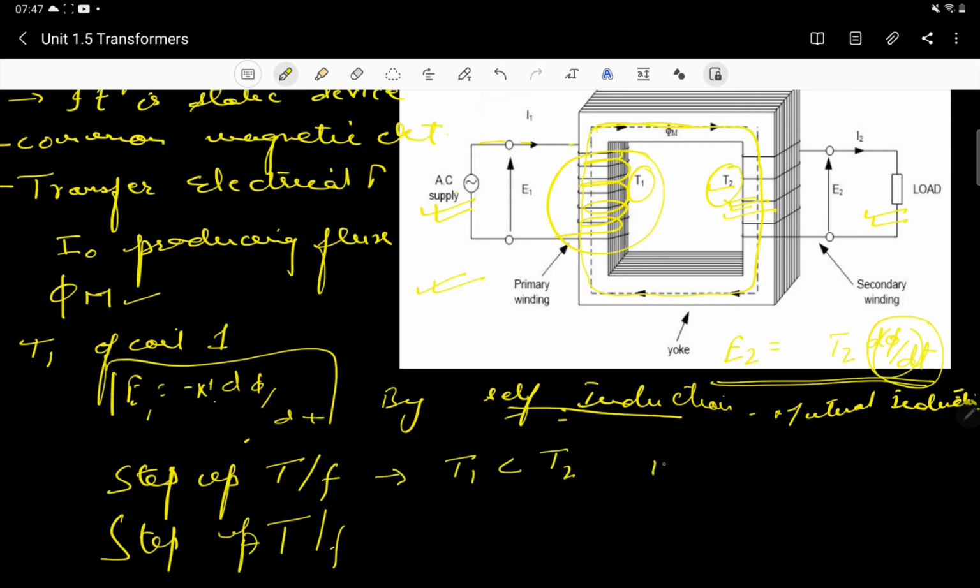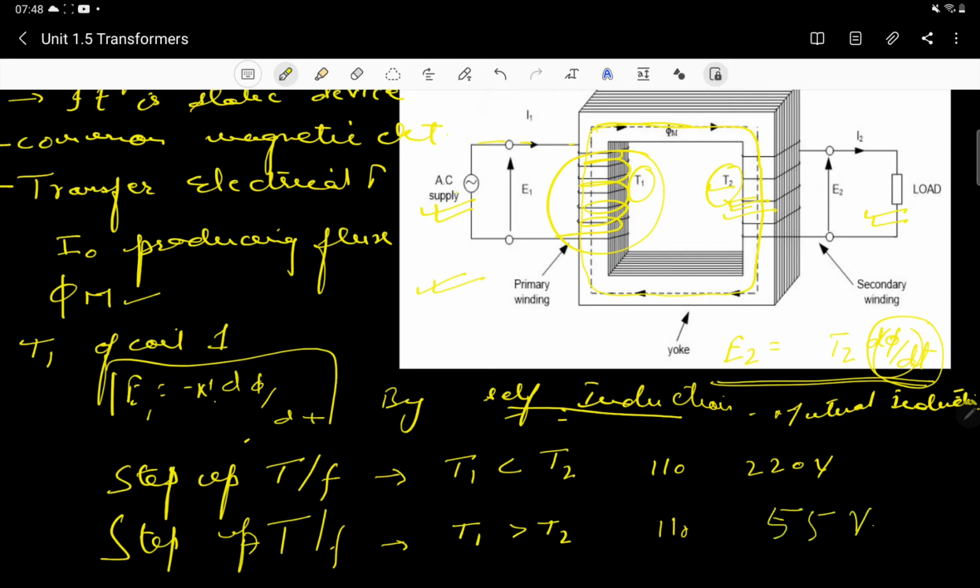Means if you are supplying 110 volts on the primary side and the number of turns on the secondary side is twice of that, it will definitely give 220 volts on the secondary side. All right. Similarly, this is a step down transformer, that is the number of turns on the primary side should be greater than the number of turns on the secondary side. So if you are supplying 110 volts on the primary side, you will definitely get 55 volts on the secondary side.